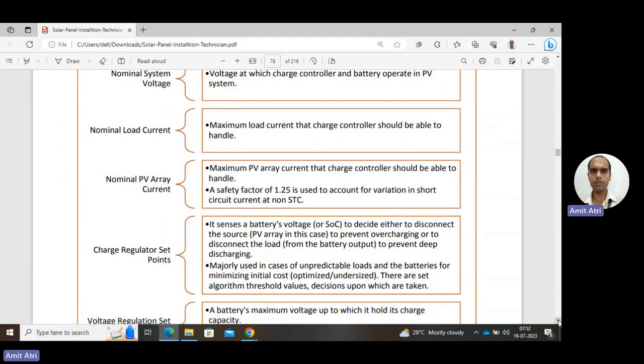Nominal PV array current is the maximum PV array current that this charge controller should be able to handle. There is a safety factor of 1.25, for adjusting the variation of the circuit, because standard conditions like standard temperature are not always available. In that case, there is a safety factor range.